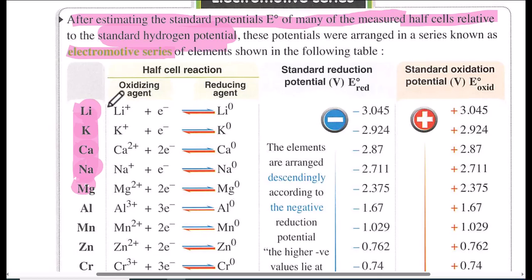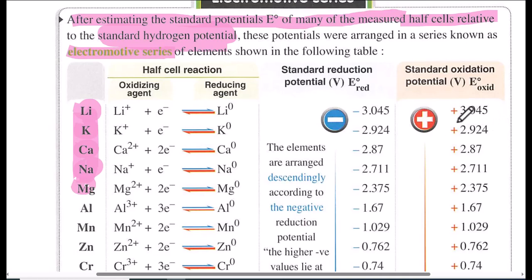It is more powerful than potassium, as potassium's oxidation potential is very high but not higher than lithium's. So lithium has more strength to lose electrons and give other elements electrons than potassium, as the standard oxidation potential of lithium is higher than that of potassium.